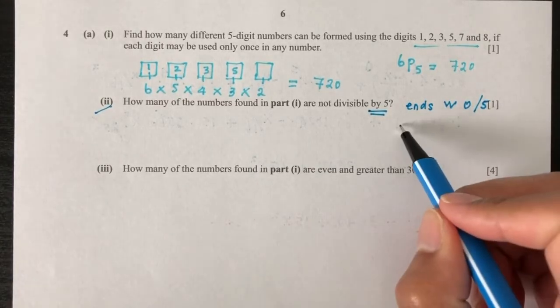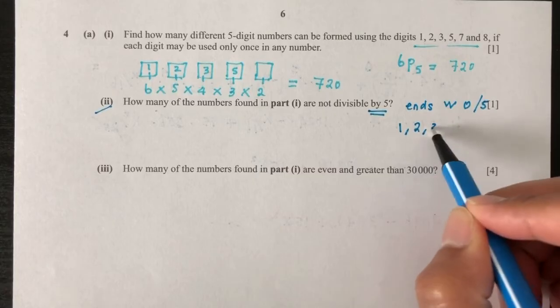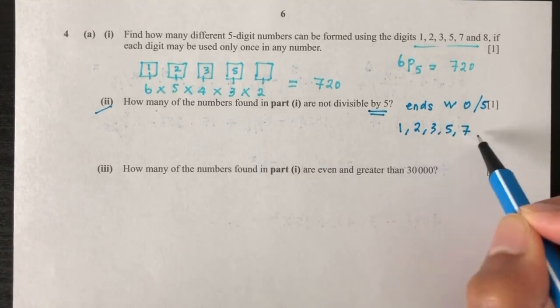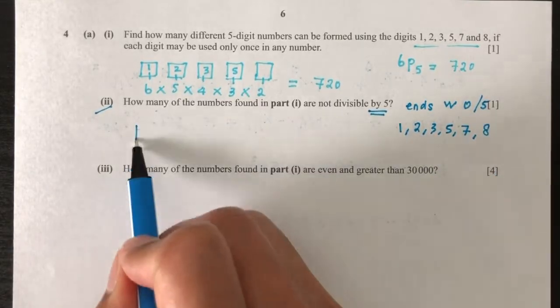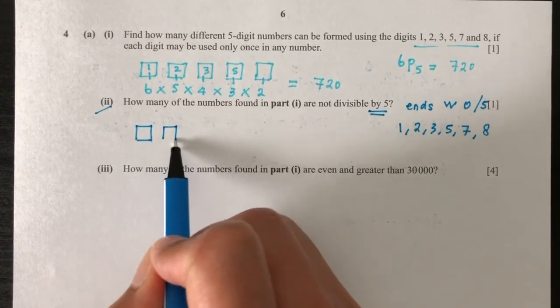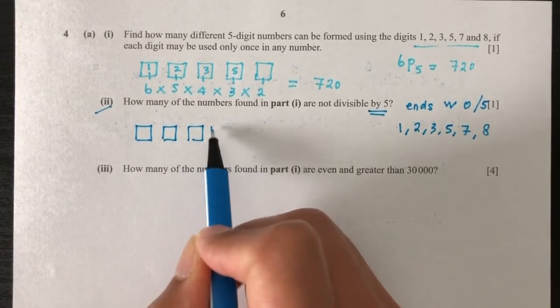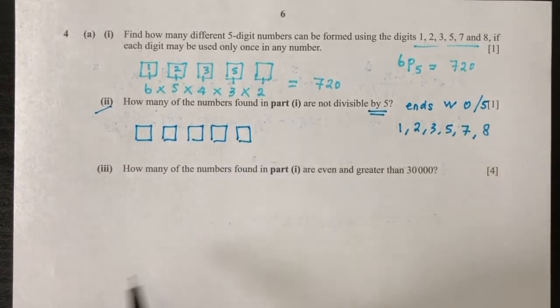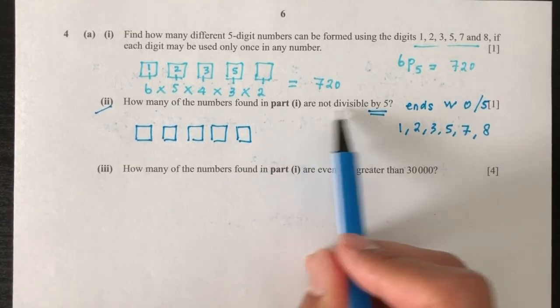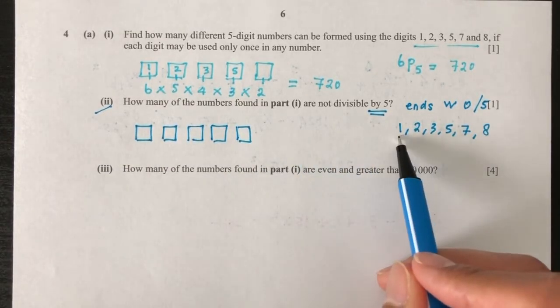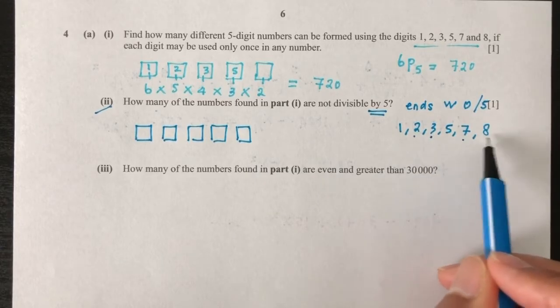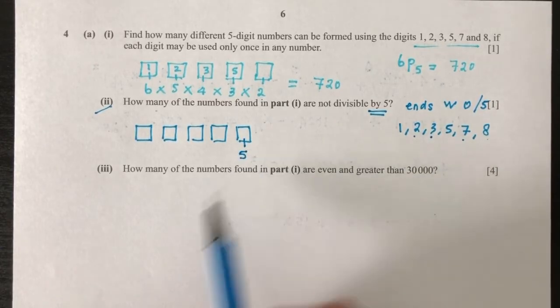So again, we have the same numbers, which is 1, 2, 3, 5, 7, and 8. So we have 5 squares for 5-digit numbers. Now for it to not be divisible by 5, you can end with 1, 2, 3, 7, 8. So we have 5 options of ending.